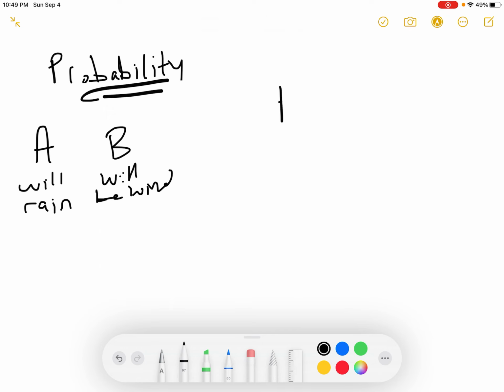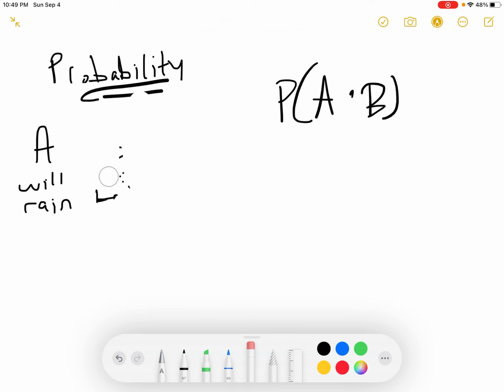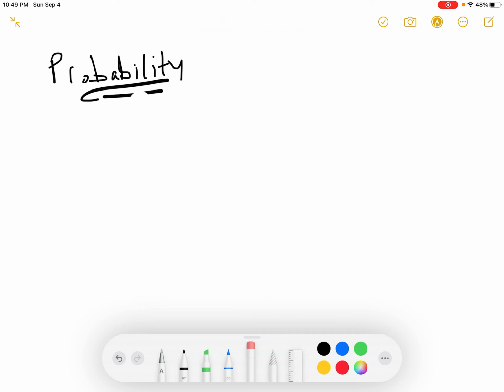How do you find the probability that both things will happen? Well, you have to multiply them. So if the probability of this was like a 1/17th chance and this was like a 2/17th chance, then you multiply them. And if you notice, that would make the number smaller, which makes sense because it's a less chance that both things would happen. So that might be something that you just never learned. That was the case for me. But that's what that is.